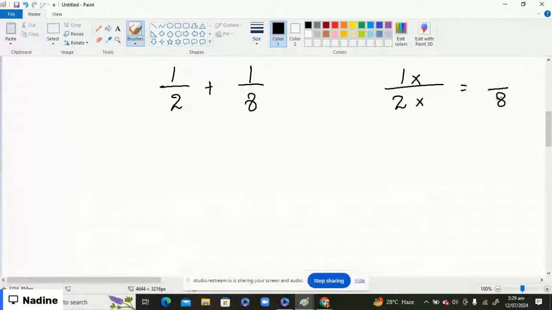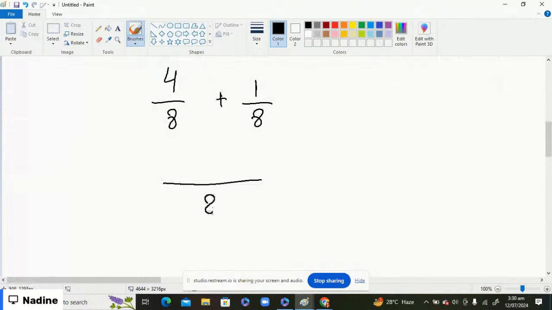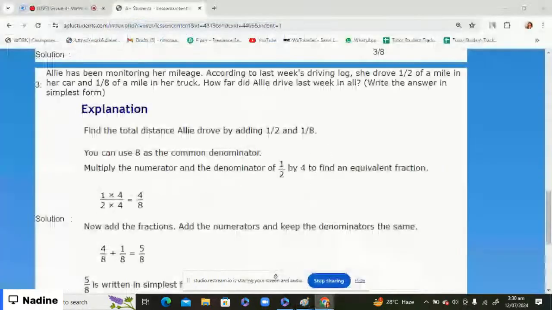Think about it, all of you. That number is 4: 4 times 2 is 8, 4 times 1 is 4. So in place of 1 by 2, now you put 4 by 8. Okay. So I just put here 4 by 8 plus 1 by 8. Now only putting 8 here, adding 4 plus 1, and that is 5 by 8. And this is the answer you get. Okay.